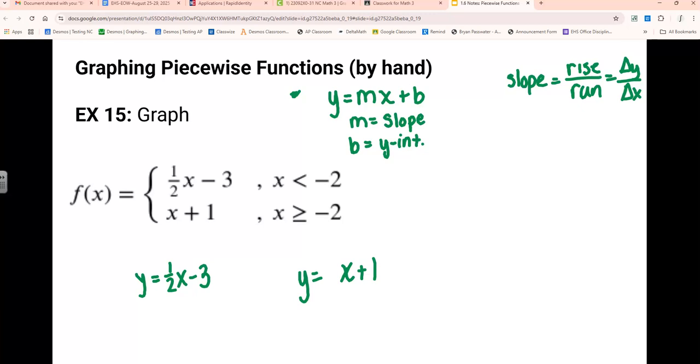So graph those two on the separate sticky notes. And graph it neatly all the way out to the end of the graph.